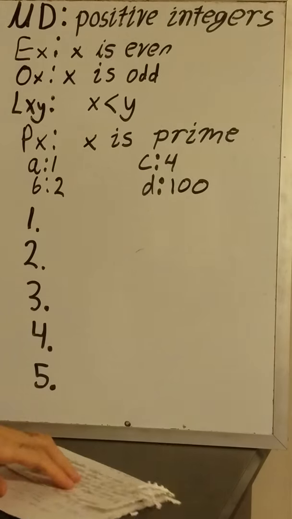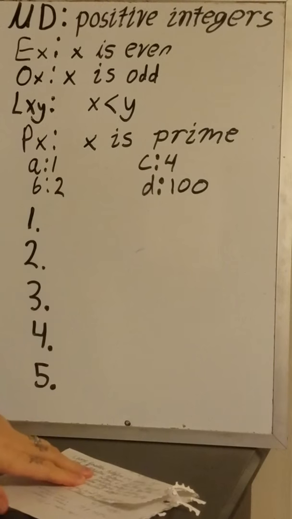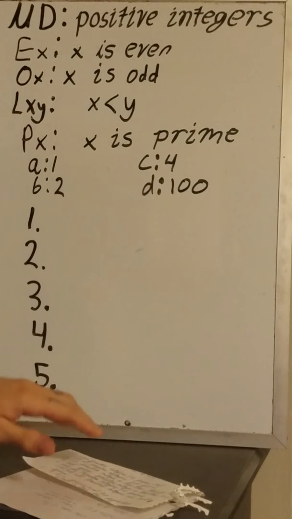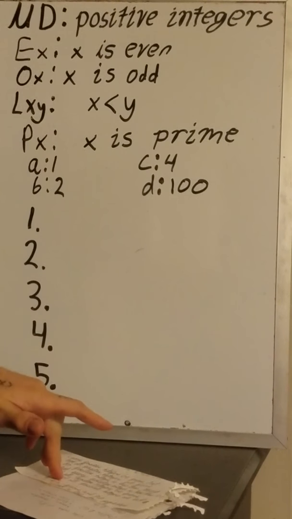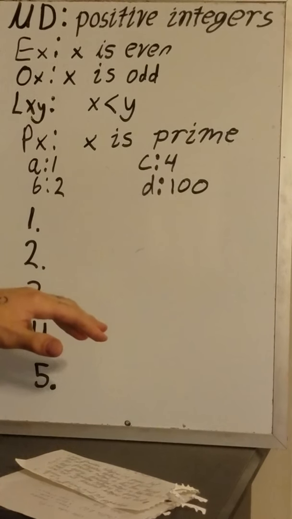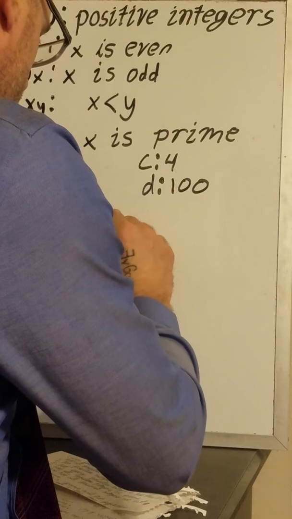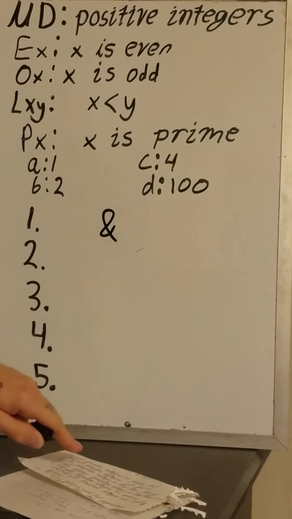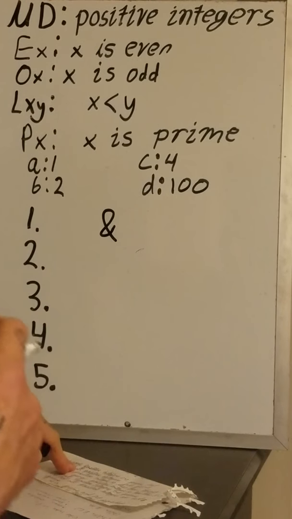So let's take a look at some examples here. You can refer to the slide now. One is: some positive integers are prime, but not all positive integers are prime. So that looks like it's two sentences linked by a but. That tells us that this is going to be a conjunction, right? Some positive integers are prime. That word some clues us off that we need an existential quantifier.